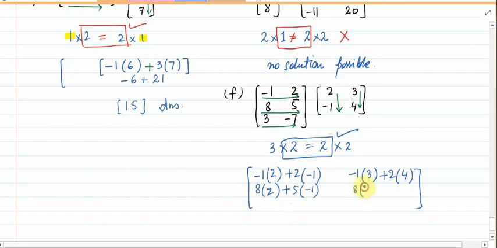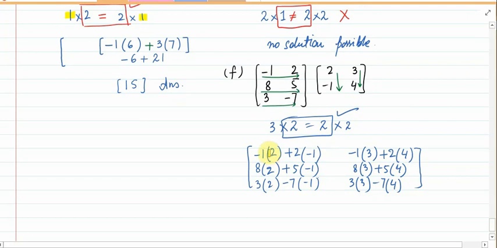Similarly, 8 times 3 plus 5 times 4. 3 times minus 1 plus 4 times minus 3 times minus 1 plus 3 times 2. 3 times 2 minus 7 times minus 1 and 3 times minus 7 times 4, right? So we can check it, all numbers, they must be same. That means we have done good so far.